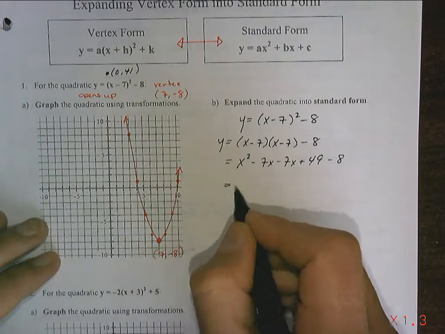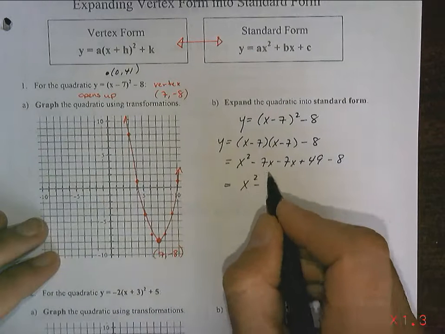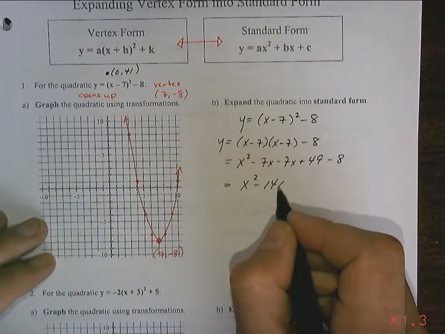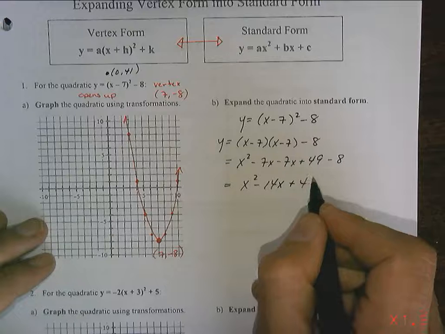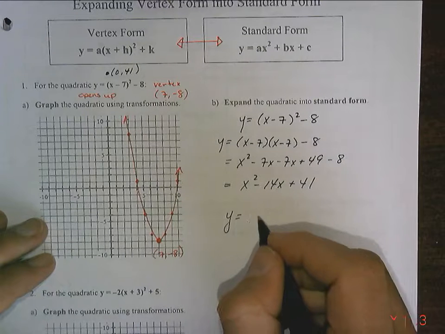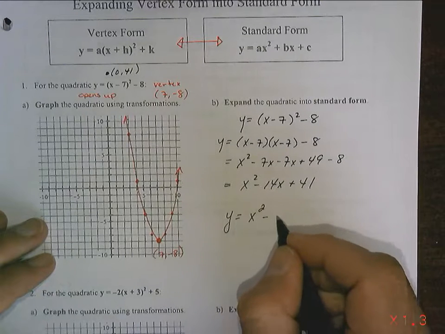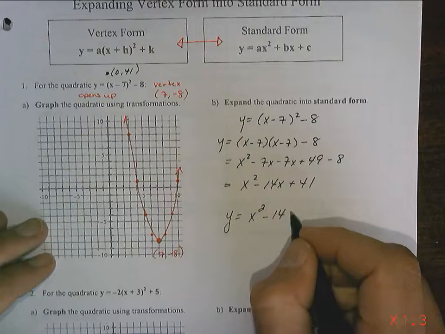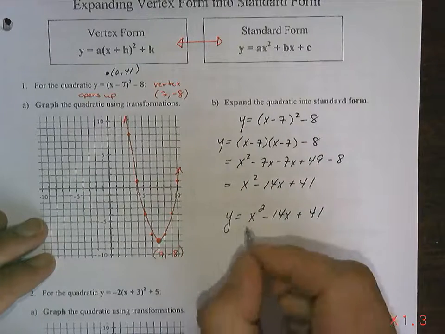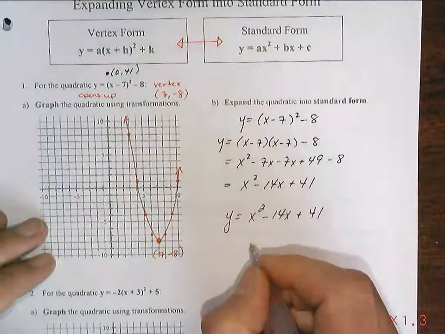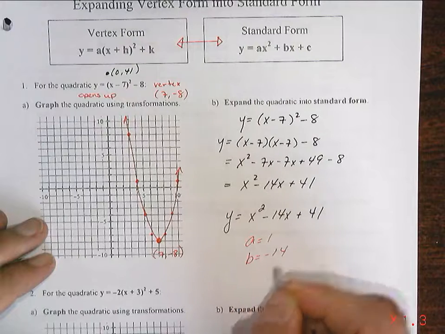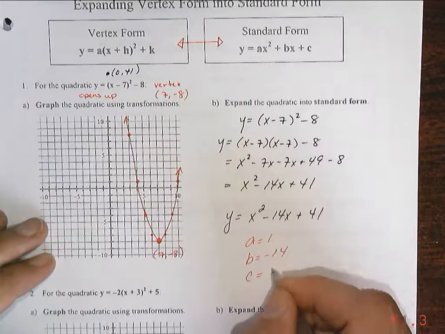I get x squared, negative 7x and another negative 7x is negative 14x, plus 41. So my standard form is y equals x squared minus 14x plus 41. When I take it apart, a is 1, b is negative 14, and c is 41 in this case.